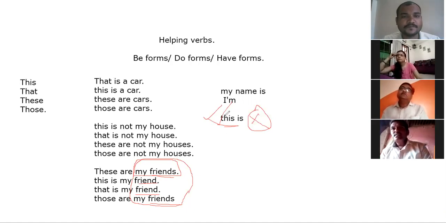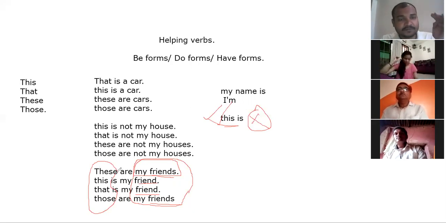Right. In a similar way, generally these, those, this, that are the pronouns used to indicate objects. But sometimes we can use them to indicate our belongings. That's why we are using these, this, that, those.